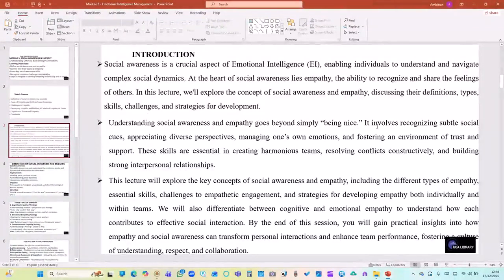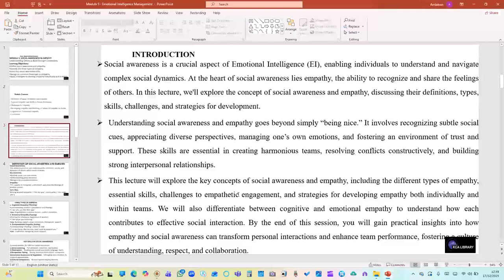It involves recognizing subtle social cues, appreciating diverse perspectives, managing one's own emotions, and fostering an environment of trust and support. These skills are essential in creating harmonious teams, resolving conflicts constructively, and building strong interpersonal relationships.